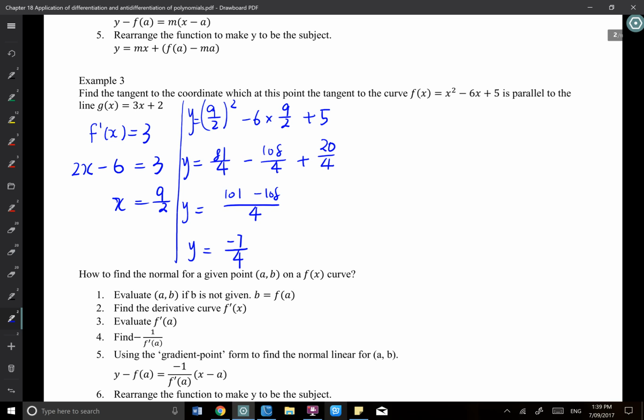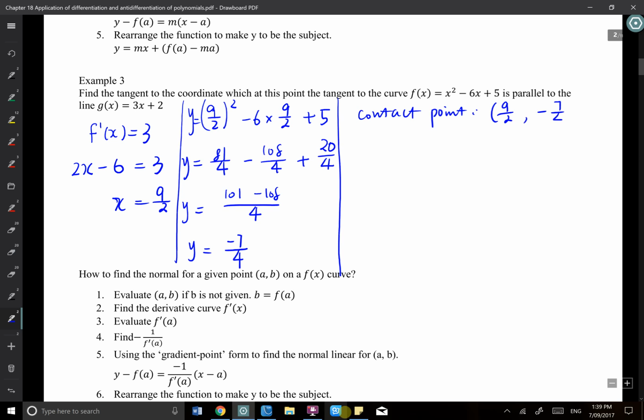I'm not sure what you get. So that's the gradient. The gradient of the tangent is 3, it's given. So I want to find the equation of the tangent.